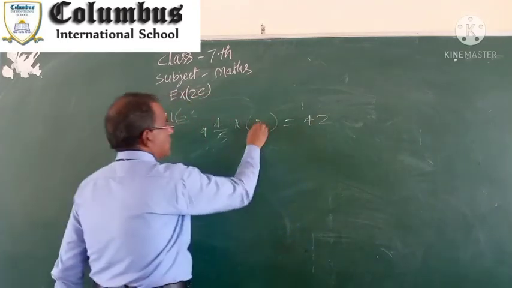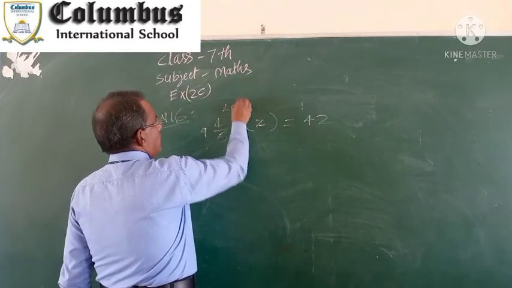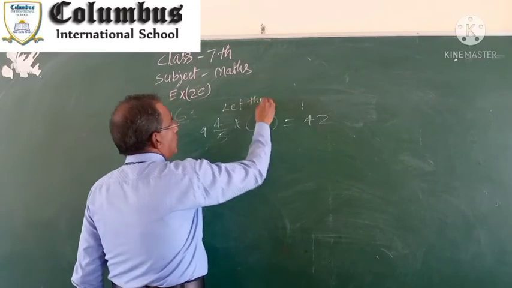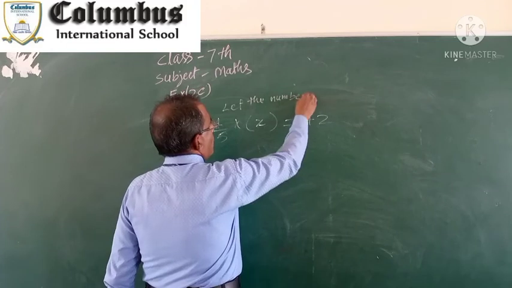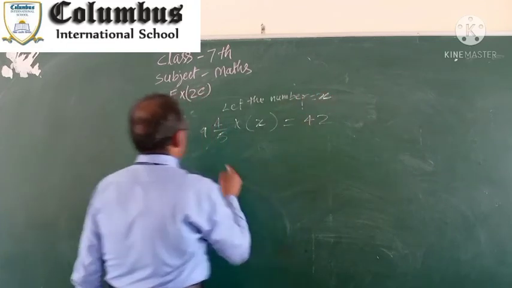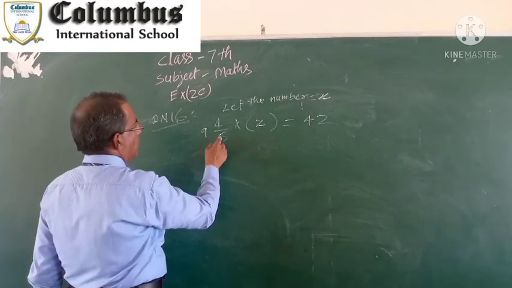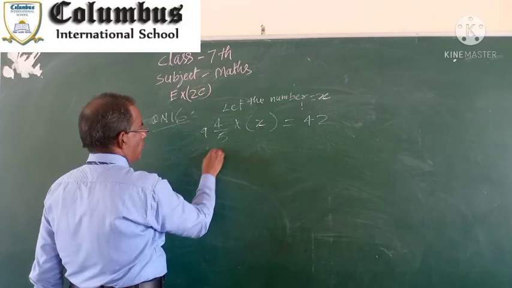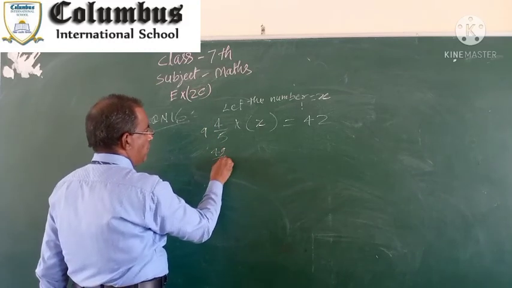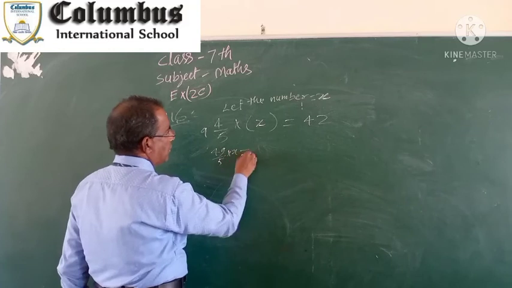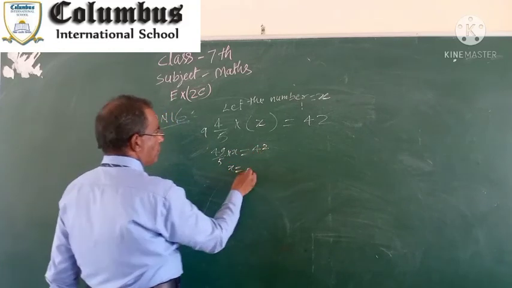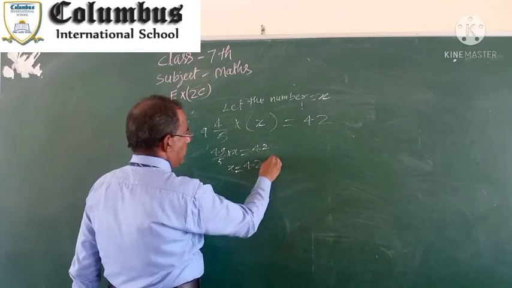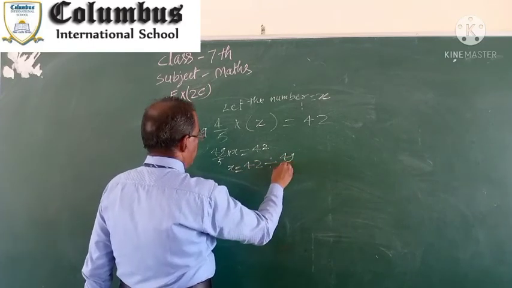Let the number be x. So 9 fives are 45, and 4 is 49, so 49 upon 5 into x equal to 42. x equal to 42 divided by 49 upon 5.